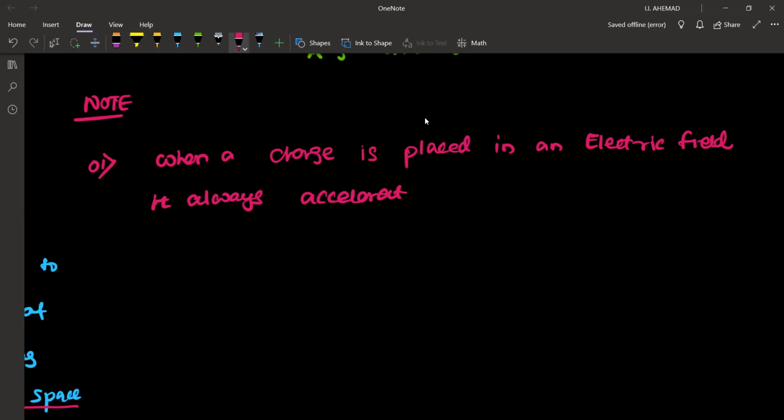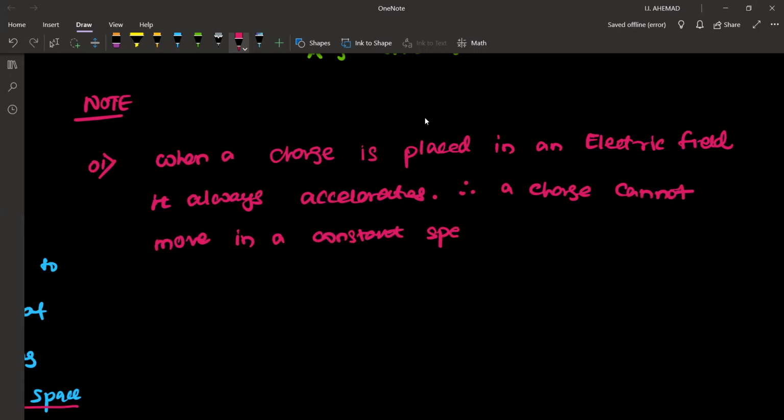Therefore, a charge cannot move at a constant speed inside a conductor.